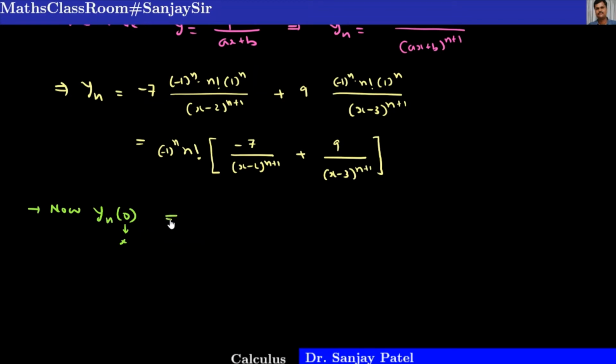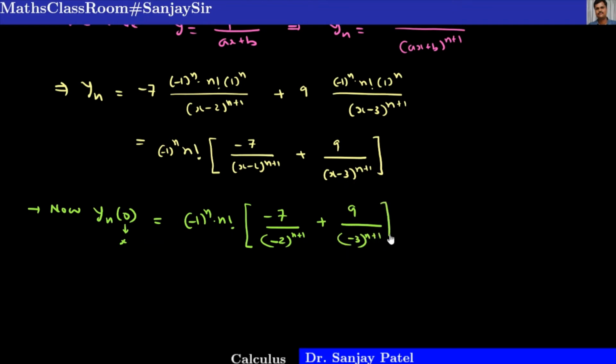So yn(0) is equal to (-1)^n n! times [-7 upon, putting x equal to 0 here, we get (-2)^(n+1), and here plus 9 upon, putting x equal to 0 here also, we get (-3)^(n+1)].